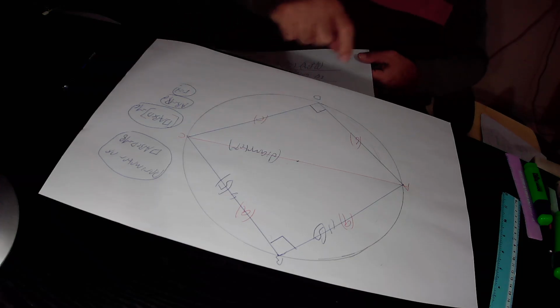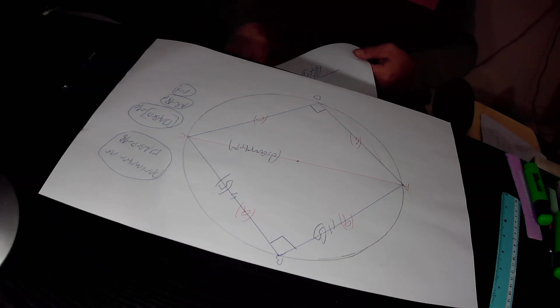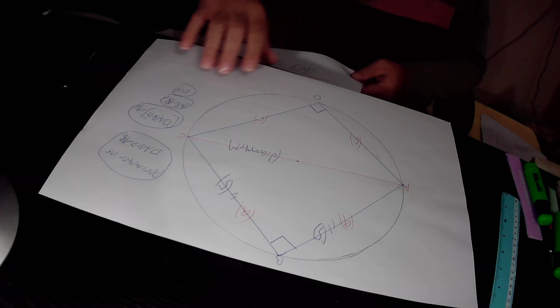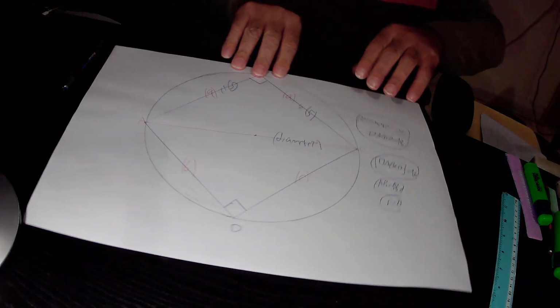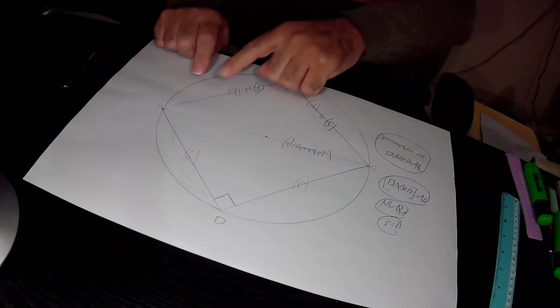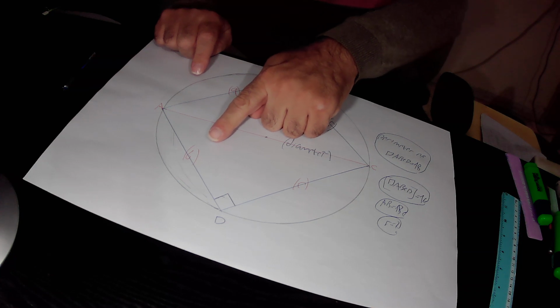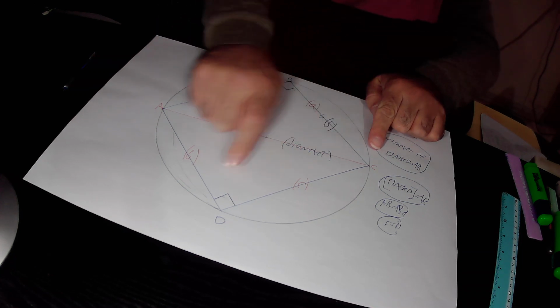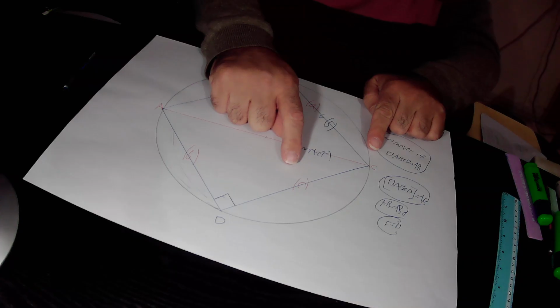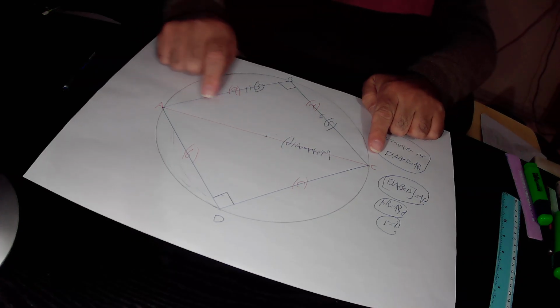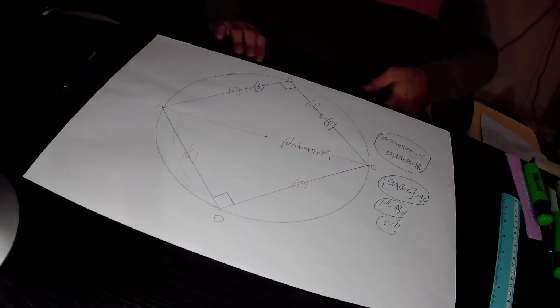AC is the missing side, so we leave it as it is. AD is b, therefore AD squared is b squared. Plus CD squared. CD is c, therefore CD squared is c squared. So in total, we found that AC squared equals b squared plus c squared.